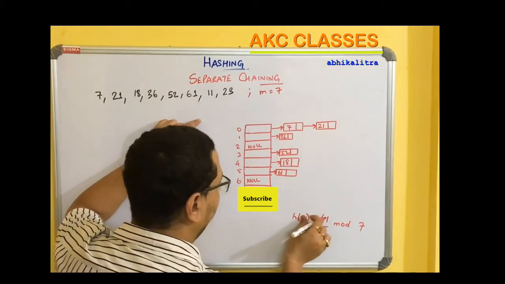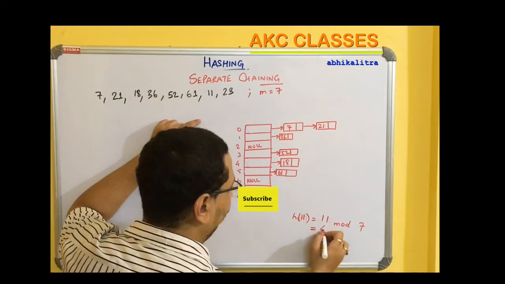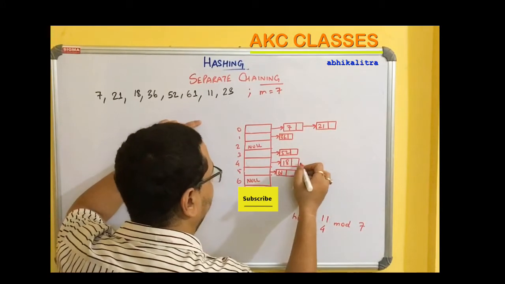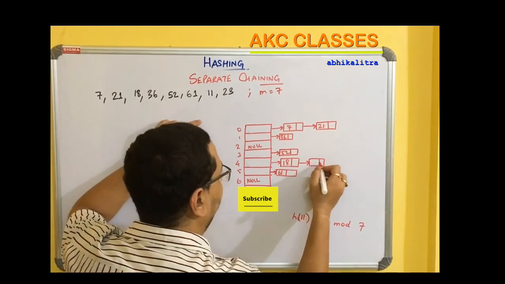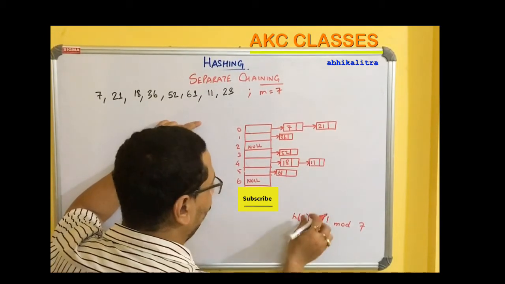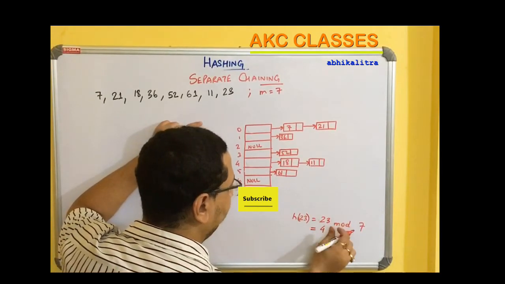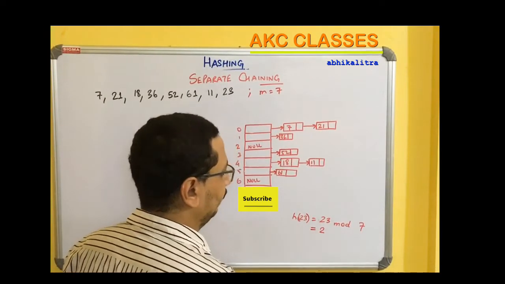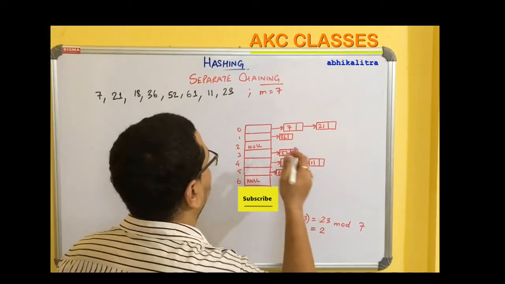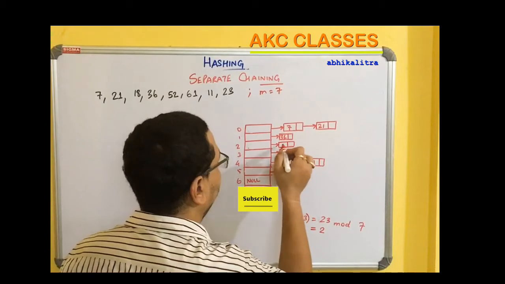Now we move on to 11. It is 4, which means we have to insert a node at the end of this linked list, which is 11. Now we move on to 23. 23 mod 7 is 2, so we insert a node with value 23 at location 2.